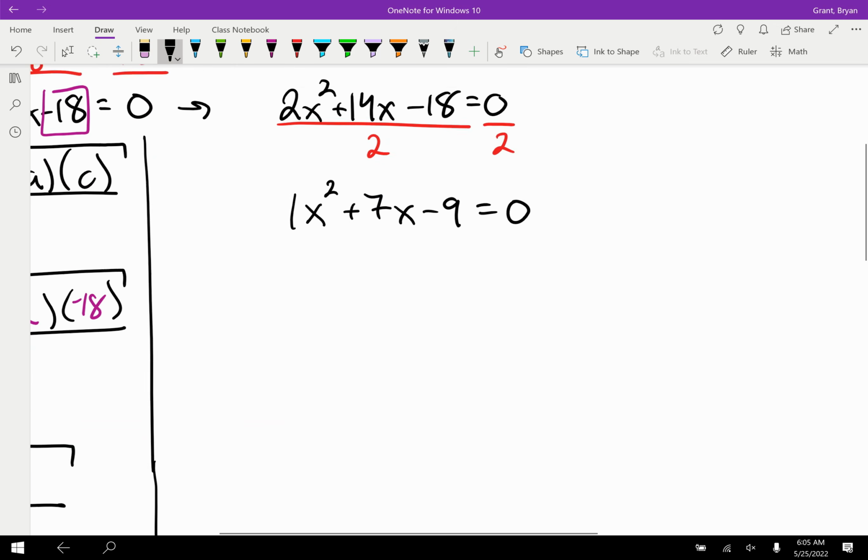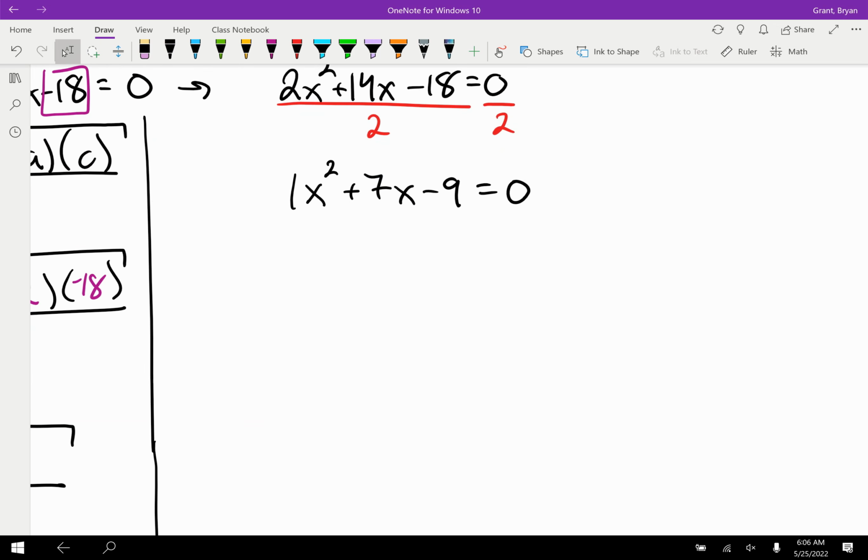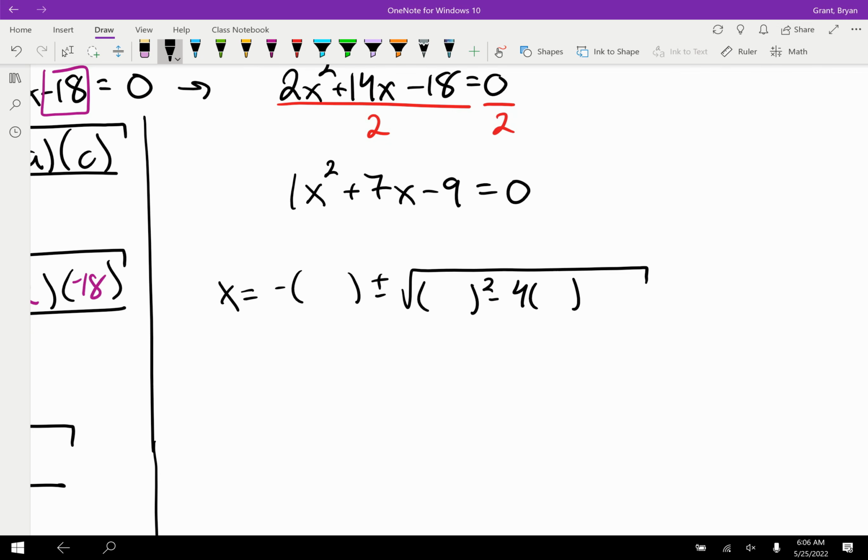And then we can try the quadratic formula again. Ready for it? I'm just going to leave the blanks this time since we've done it once already. Get yours set up on your paper. There we go. So we have negative b plus minus the square root of b squared minus 4 times a times c, all over 2a.